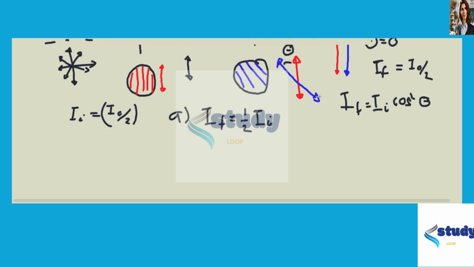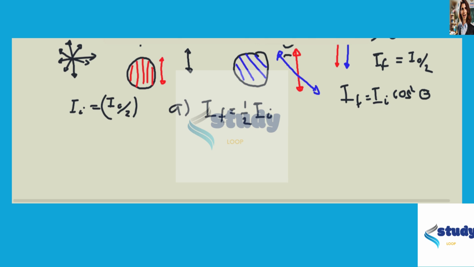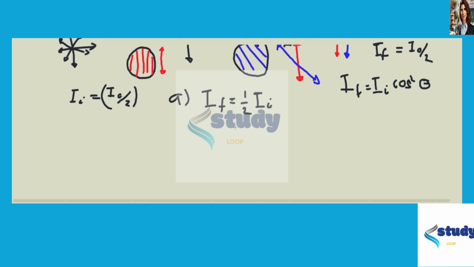So we're just going to call this theta, and we're asked to find what this theta is. Okay, so now that we know that I final is a half of I sub I, we know that this has to equal I sub I times cosine squared of theta.